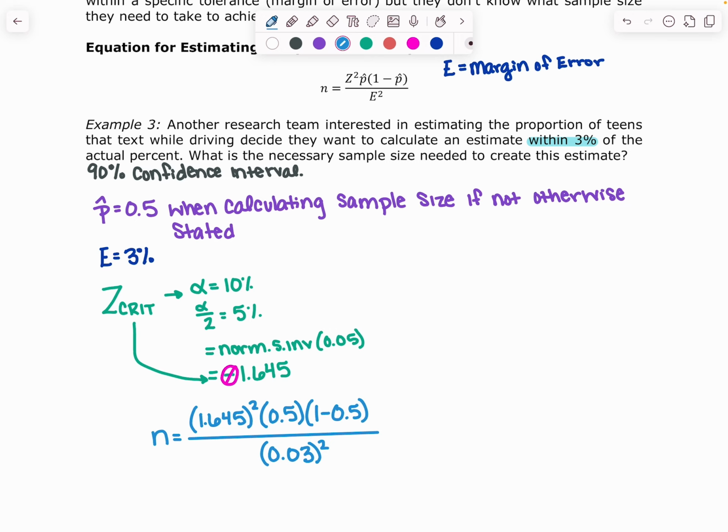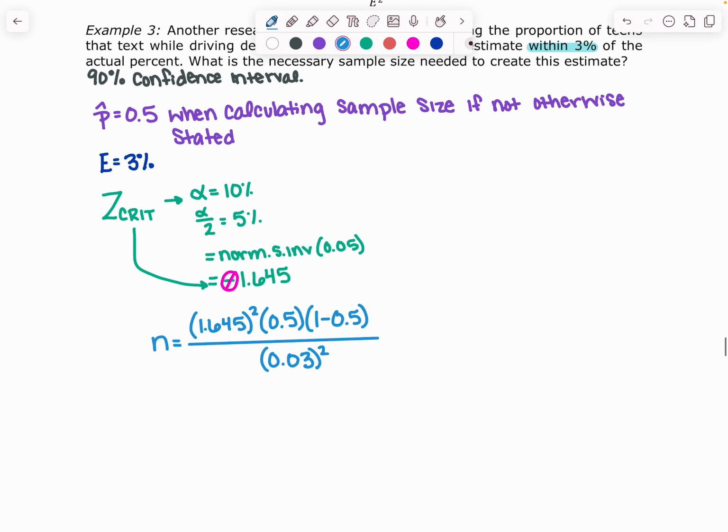That's 1.645 squared times 0.5 times 1 minus 0.5 divided by 0.03 squared. If you type it in exactly as it's written with the parentheses where they need to go, don't add any extras, don't remove any parentheses, you can do this all at once in your calculator. You don't have to break it into pieces.